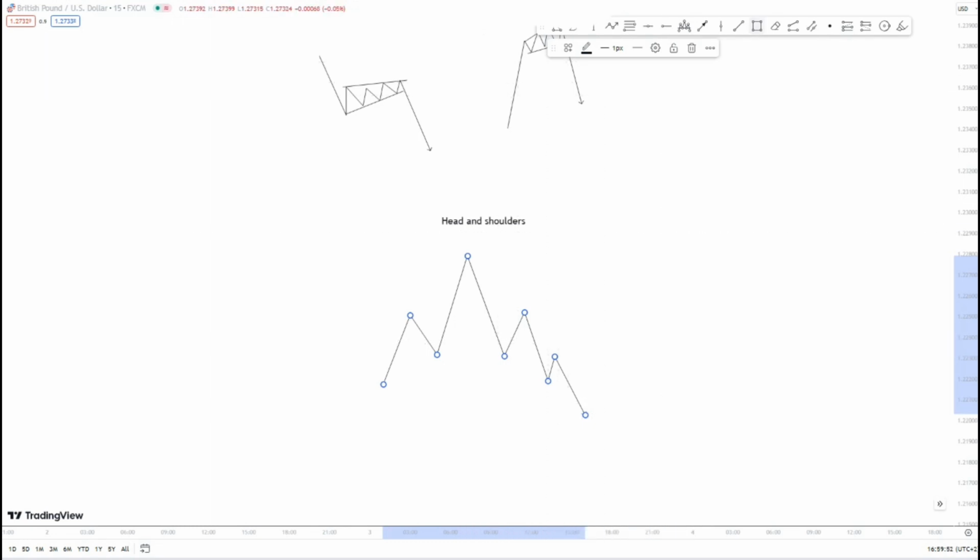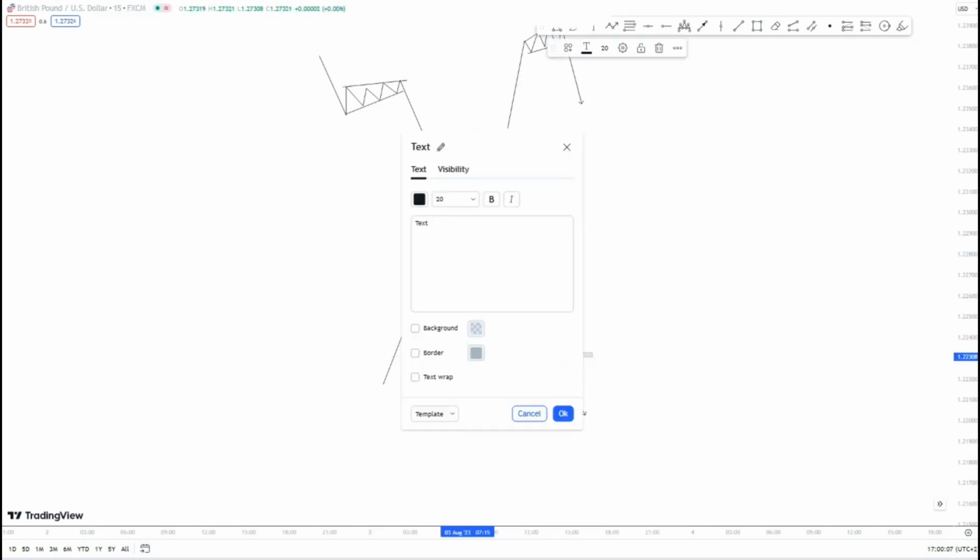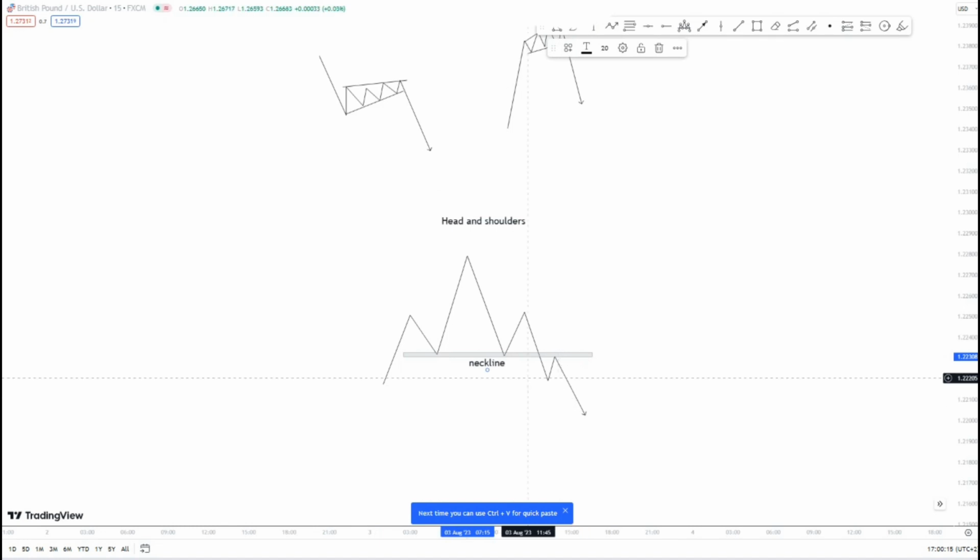So this is what the head and shoulders looks like. And you'll have something called a neckline right there. This is what we call a neckline.